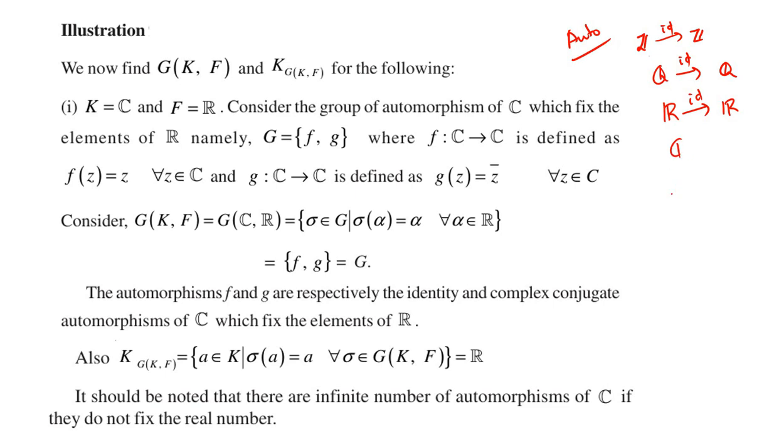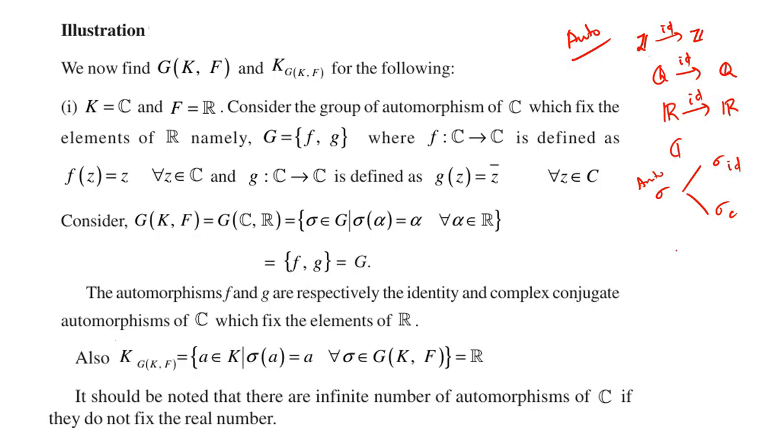But when C is considered, you have two automorphisms. One is the identity automorphism, the other one is the conjugate.